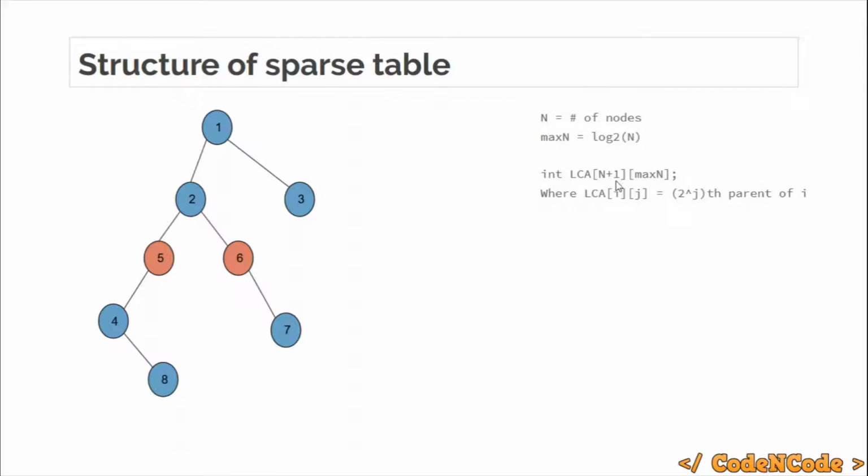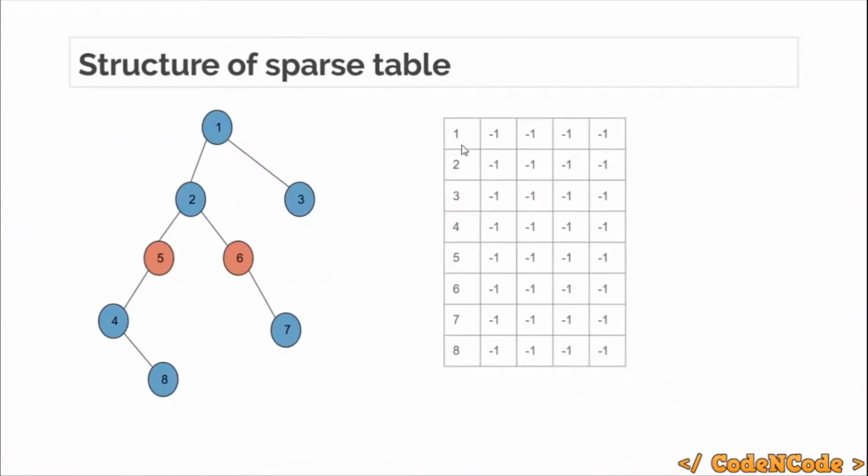Since there are n nodes, the first dimension would be n+1, and the second would be max n, because this is the maximum number of parents each node can have. So LCA[i][j] would represent the 2 to the power jth parent of node I, since this represents I and this represents the power of 2.